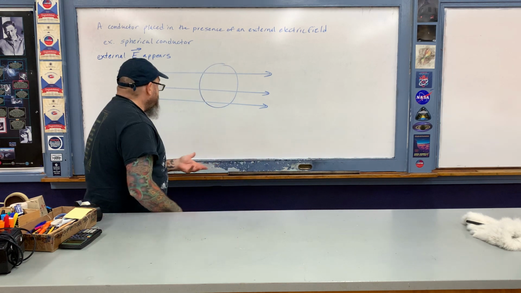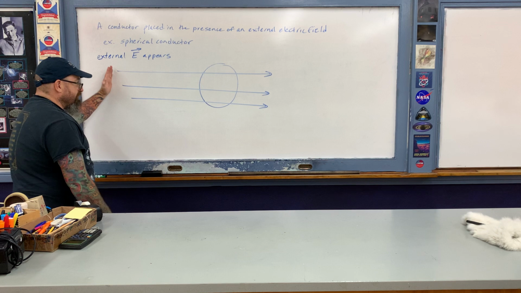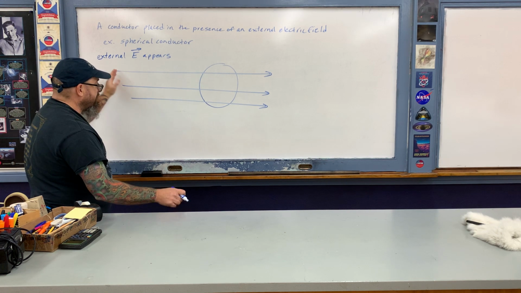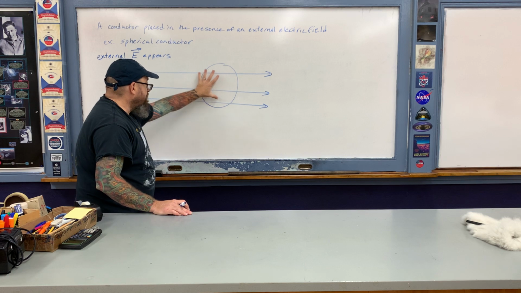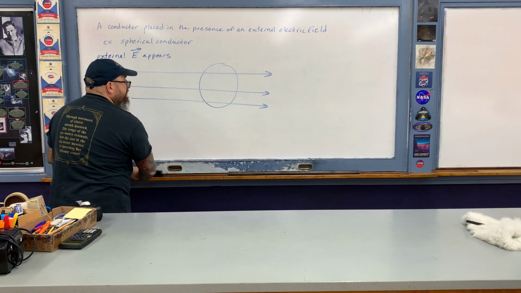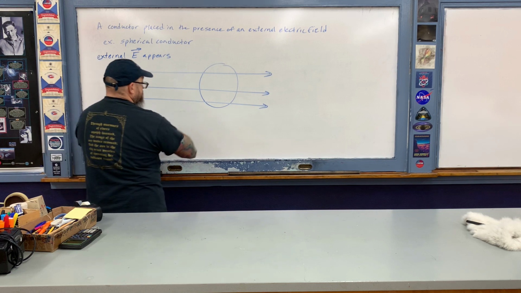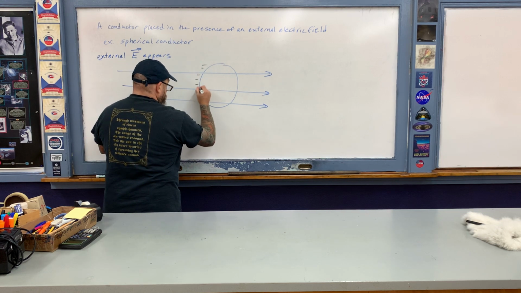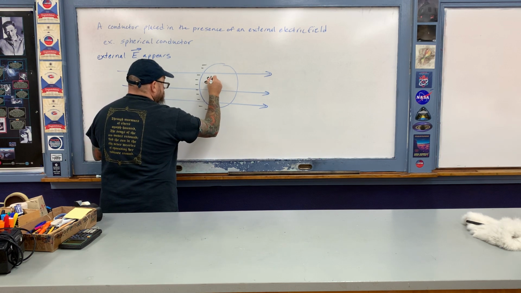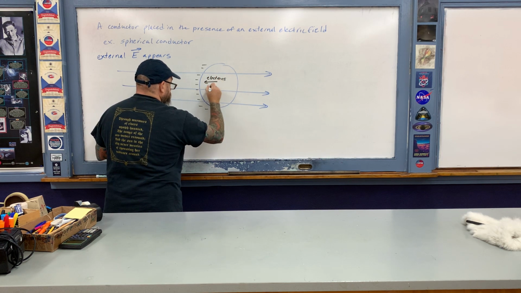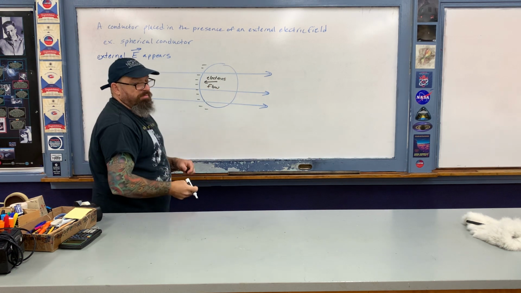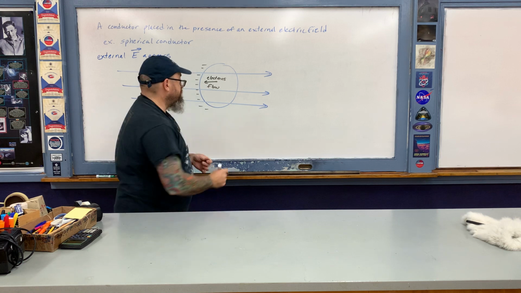So in this particular case, if we think of, say, a positive charge here somewhere that is causing this external electric field, this then means that electrons within the piece of metal are going to get attracted in this direction. So the electrons then begin to pile up at the surface of the conductor like so. But then because electrons are flowing in this direction, they then leave this area over here, thereby leaving it positively charged, like so.